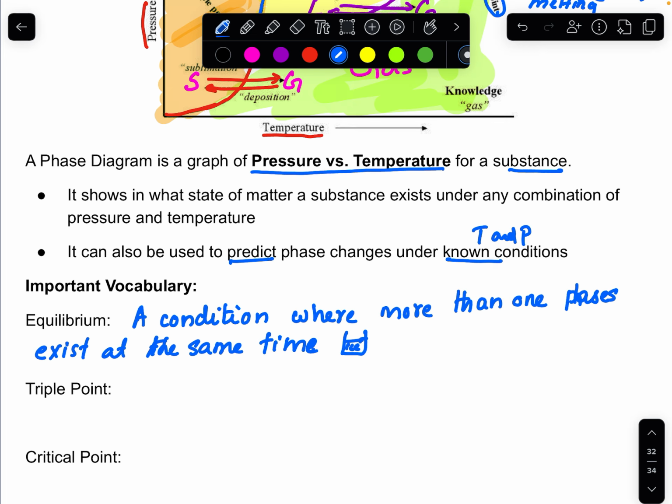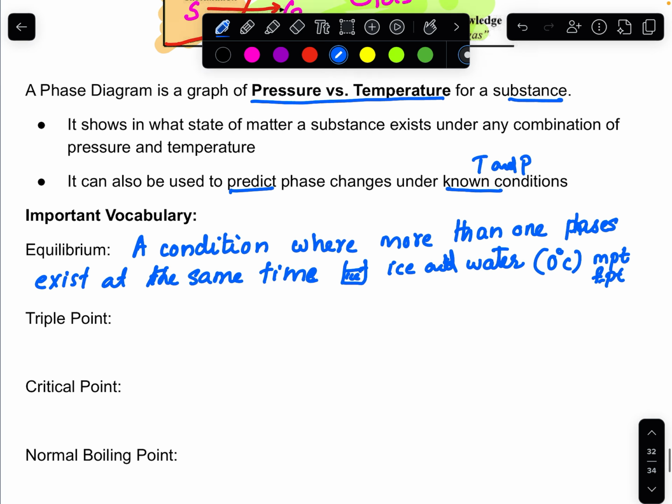So that is a thermal equilibrium between what and what? Ice and water. That happens at 0 degrees Celsius, which is a melting point or freezing point, right? There will be equal amounts of ice and water. So that is called equilibrium.